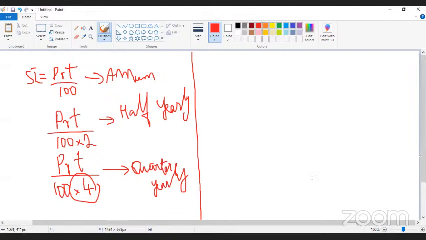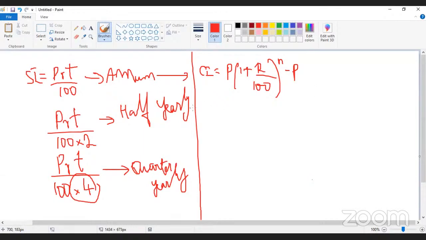Fine. Next is compound interest. To find the first one, P bracket of 1 plus R by 100 the whole power n minus P. This is based on annum.